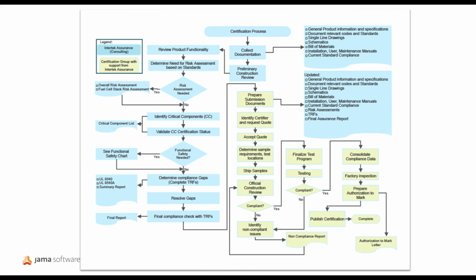We've had some certifications that have taken more than a year to complete when they haven't prepared properly, or they've had to redesign, or test results have come back that have showed a lack of compliance to the UL 9540 standard. So it's critical that we move forward in a smart, organized, and efficient manner.